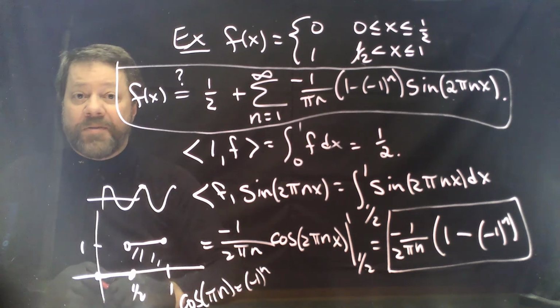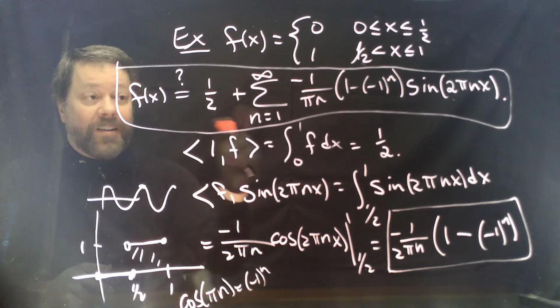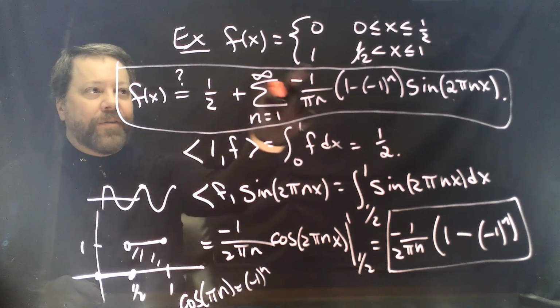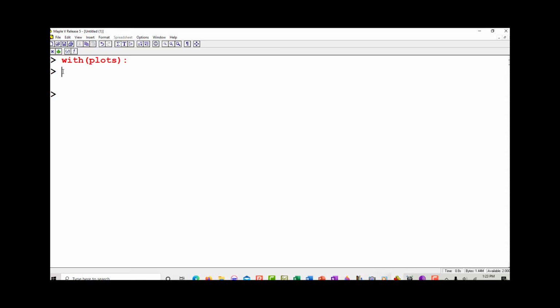This is the basis for the digital revolution, after all. All of your electronic devices are based upon this representation for this digital square wave. Let's see how well we do. I'm going to define my function x maps to, the first term was 1/2, and then we did the sum.